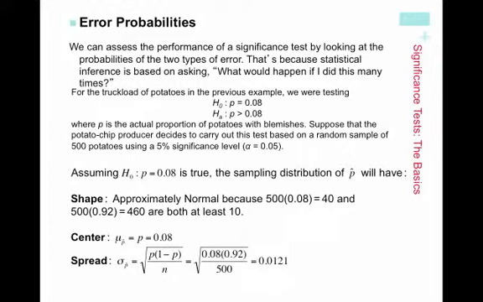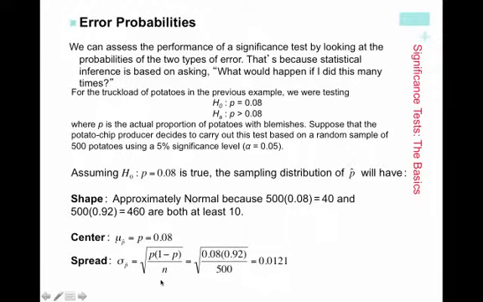If we assume that the null hypothesis is true, the sampling distribution of P hat will have an approximately normal shape because NP and N(1 minus P) are both greater than or equal to 10. It will have a center where the mean of the P hats will be equal to our proportion, and the spread we can calculate with our standard deviation.